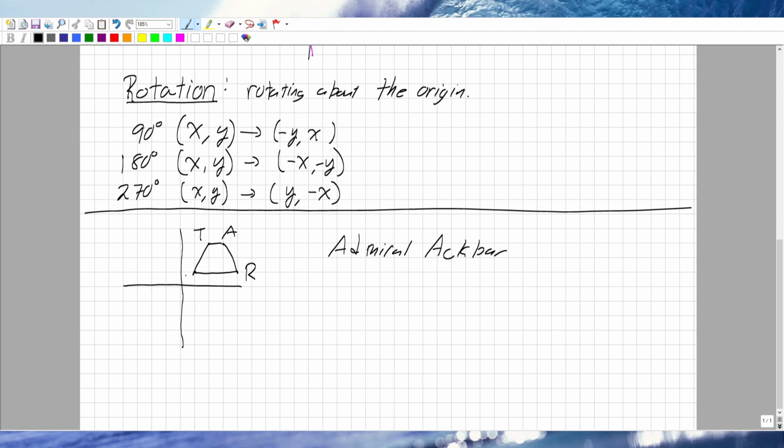Ha! I found a way around it. I'm gonna call it a trap. Because dyslexia. Anyway, so I've got this trapezoid. Its name is TARP.